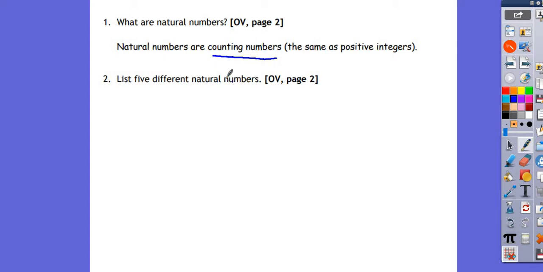It says list 5 different natural numbers. I would do 1, 2, 3, 4, 5, and I would do dot, dot, dot, because it continues on in that manner forever. All positive whole numbers are natural numbers.